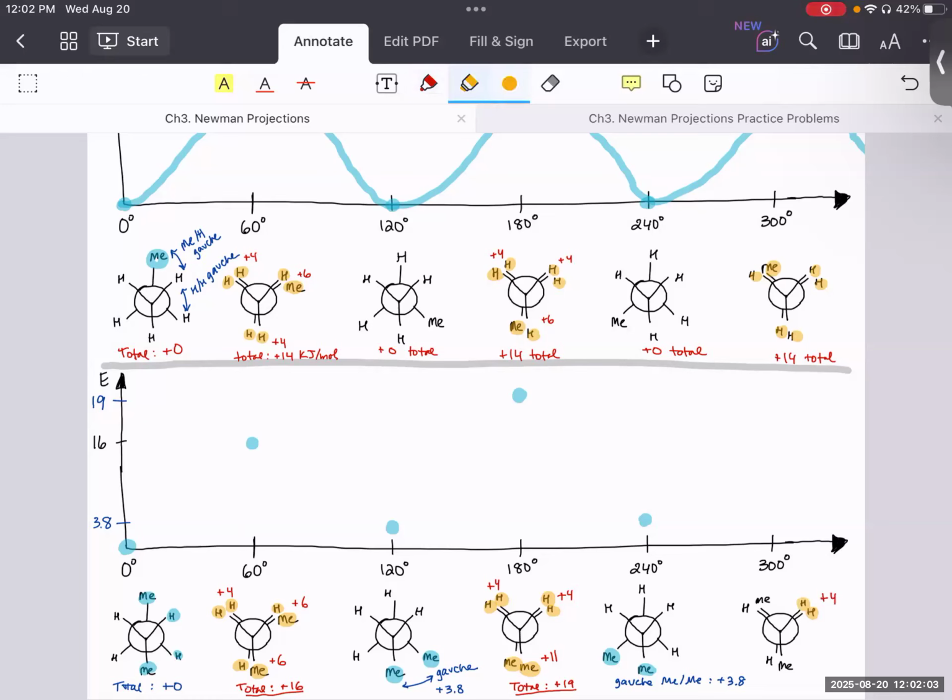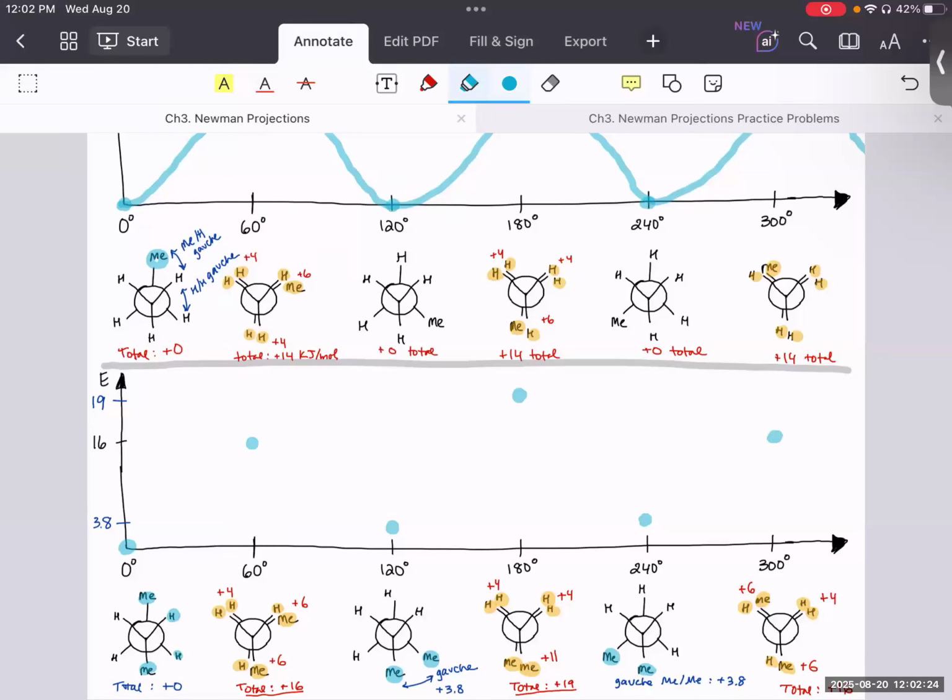Then we have hydrogen methyl and another hydrogen methyl, each of which is +6. And so this matches the 60-degree rotation one. So this one's going to be a total of +16. And so that will match 60 degrees.